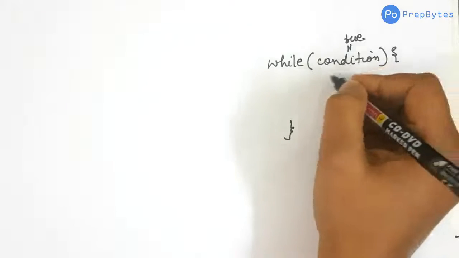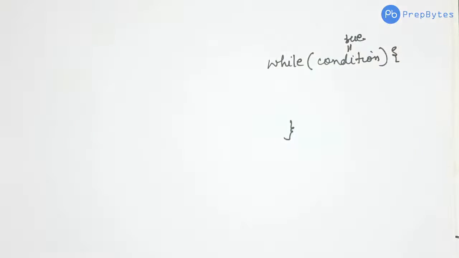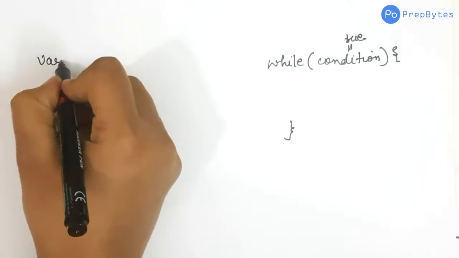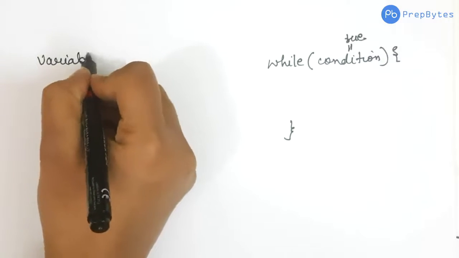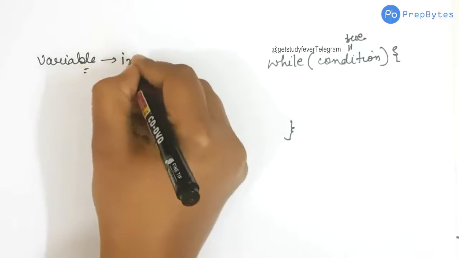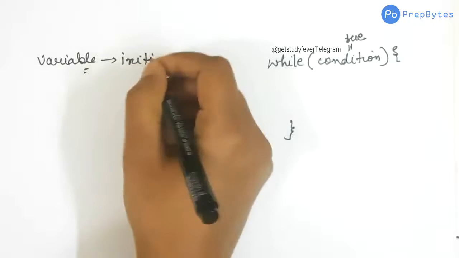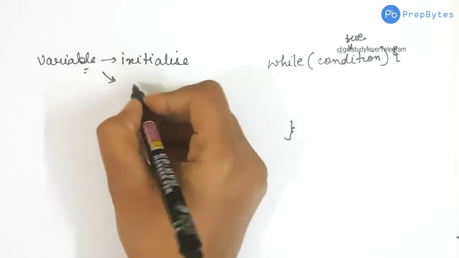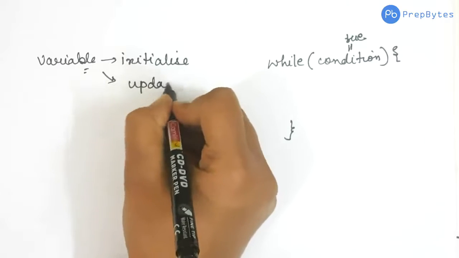Now the condition is generally on some variable or something. So let's say the condition is on some variable. So generally what we need to do is we need to initialize this variable, and we also need to keep on updating the variable.